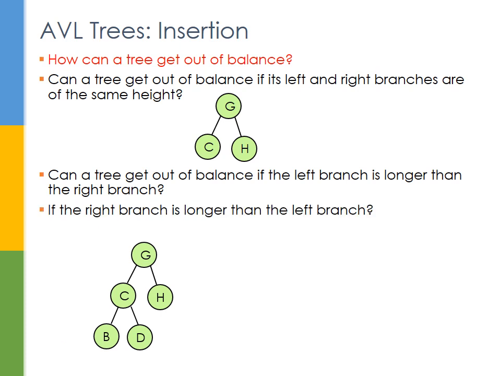So what about if the right branch is longer than the left branch? Well, this is essentially the mirror image of our previous case. So over here we have a right branch that is longer, in other words, has more levels than our left branch over here. So, of course, if we insert a node under node C, then we don't have a problem because the AVL tree is still balanced.